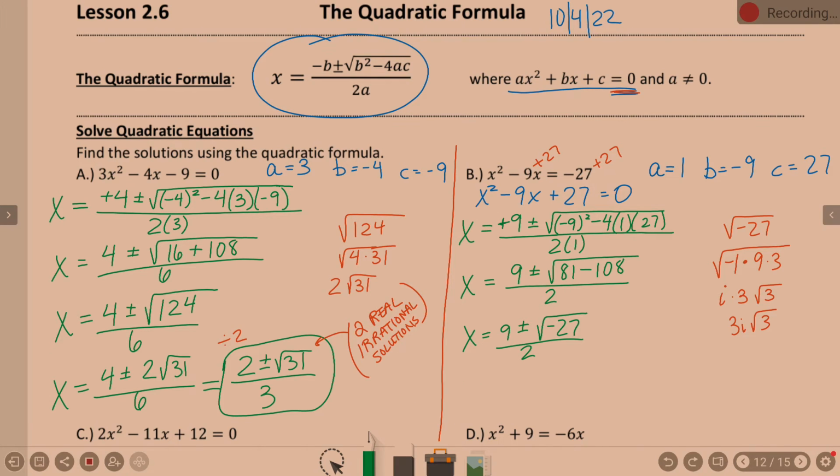With that in mind, let's write our answer out. 9 plus or minus, instead of square root of negative 27, I'm going to say 3i square root of 3, all over 2. Is there anything else I can do to this answer?